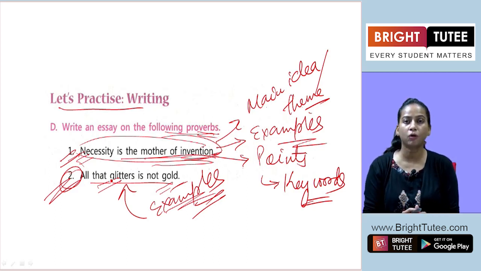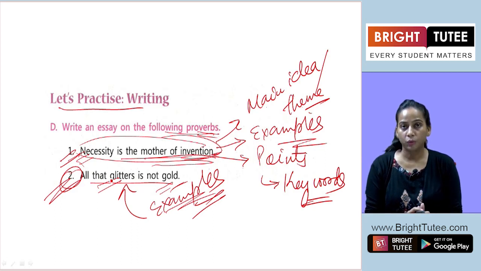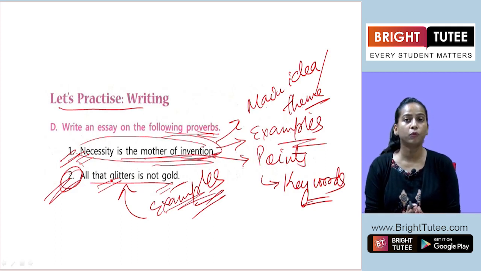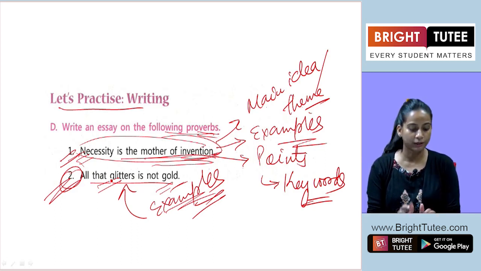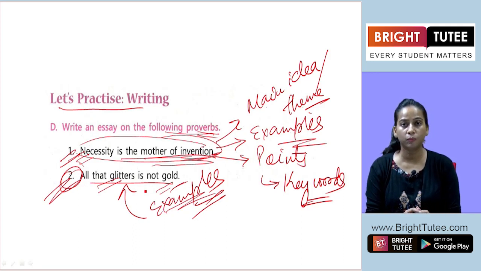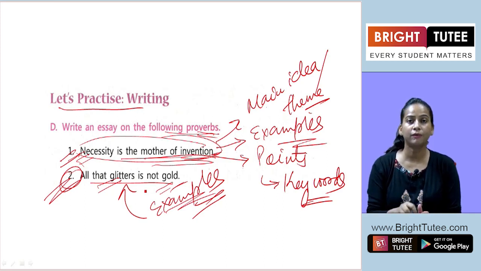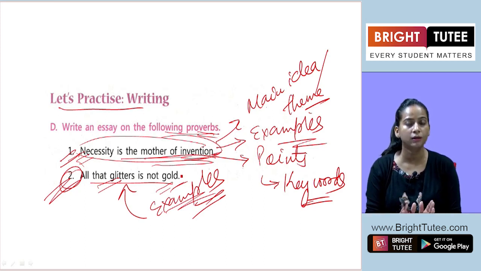And then as the concluding part, you can mention that we have to be more cautious about that. We should not take all glittering things as gold only. We should use our common sense, our own viewpoint or perception, our own sixth sense, and based on that we can decide whether things are real or not.